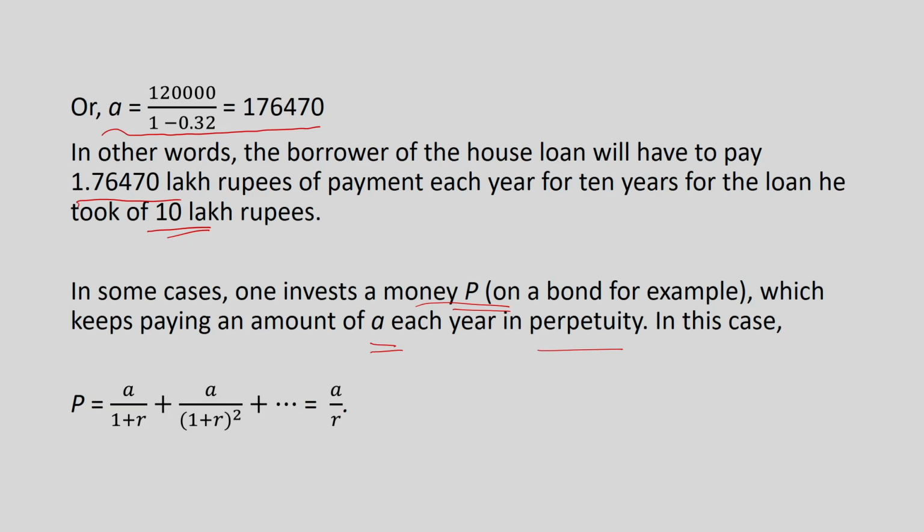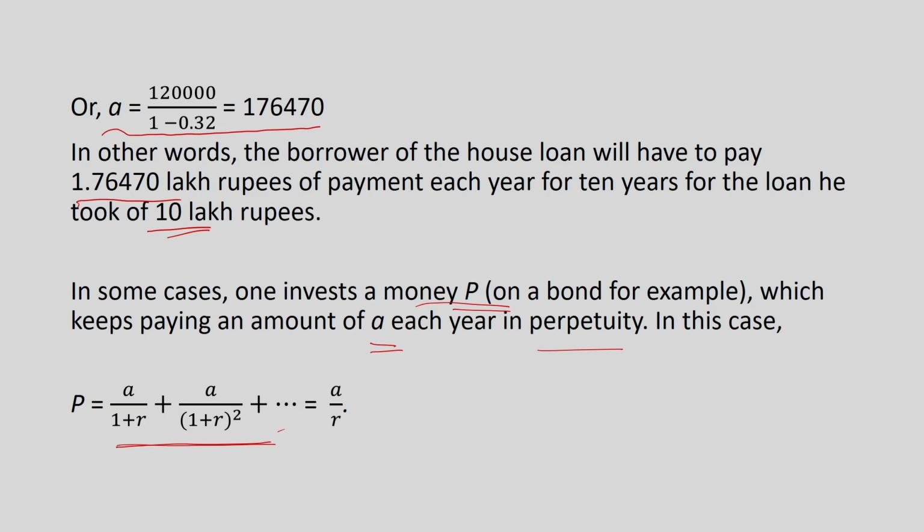In this case, we similarly use the same idea that if you are going to get an amount of money a per year, let us say from next year, the present discounted value of this stream will be a divided by 1 plus r plus a divided by 1 plus r whole square plus dot dot dot, it goes all the way till infinity, and this is the present discounted value of the payments that are going to be made to you in the future.